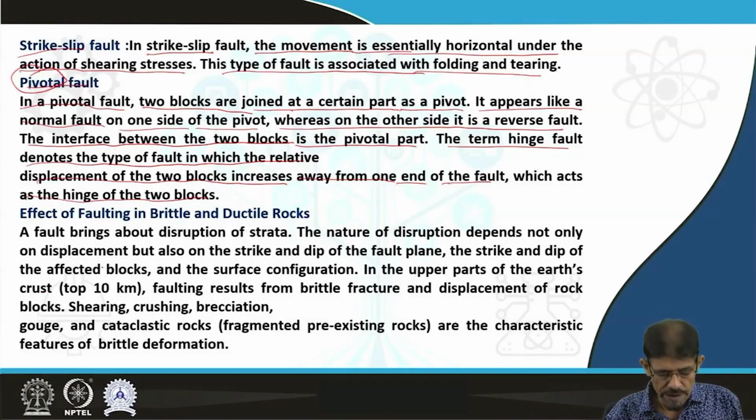Next important aspect is the effect of faulting in brittle and ductile regions. As far as the concept of stress strain deformation is concerned, the majority of faults form in the brittle zone.